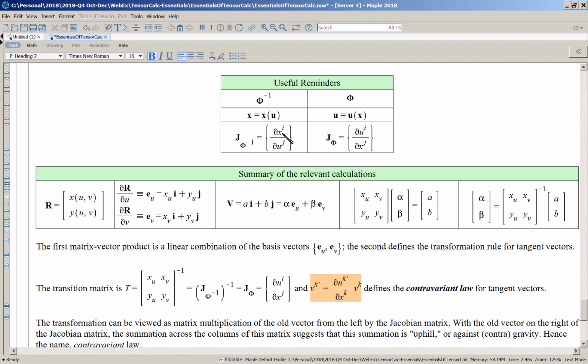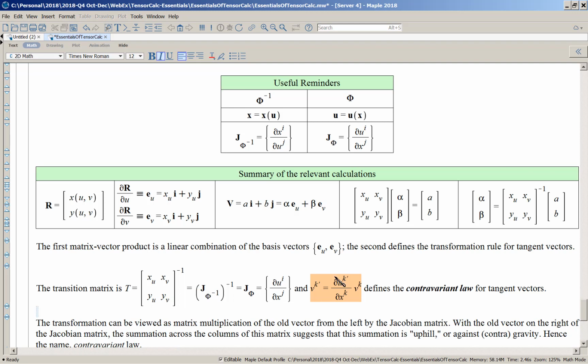That's why I put it here as a reminder. The x du, the y du. That column is the first column of the Jacobian matrix of the inverse transformation. And this is the second column. And we have to invert that. But we spent a bunch of time making it clear that the inverse of this matrix is this Jacobian matrix.